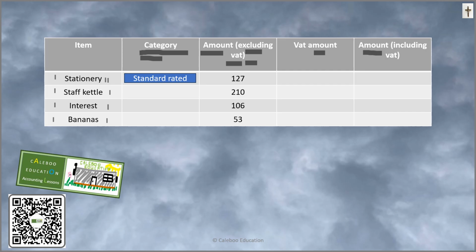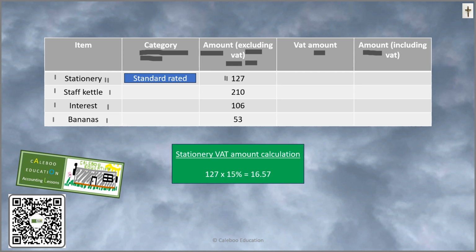The cost of the stationery is 127. Now the VAT amount, remember the VAT amount of a standard rated item is 15%. The standard rated item stationery, when it costs 127 excluding VAT, the VAT amount will be calculated as follows.